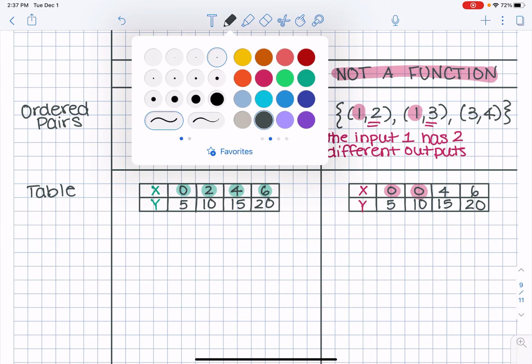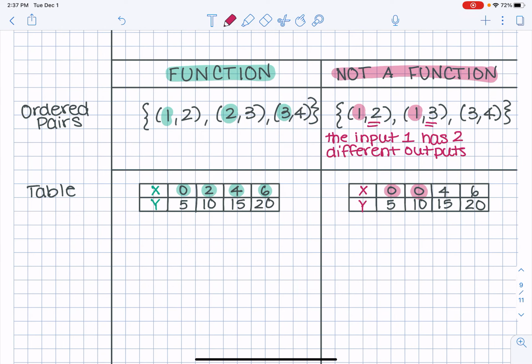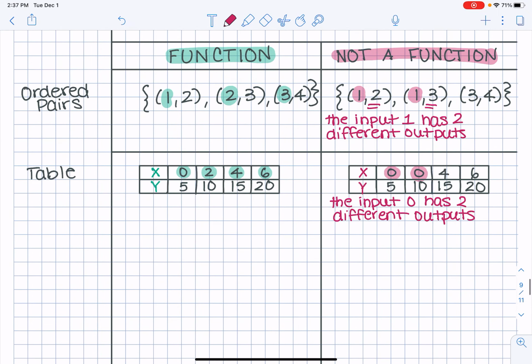So this is not a function because the input 0 has 2 different outputs. It has the output of 5 and it has the output of 10. 0 has 2 different outputs, so that cannot be a function.